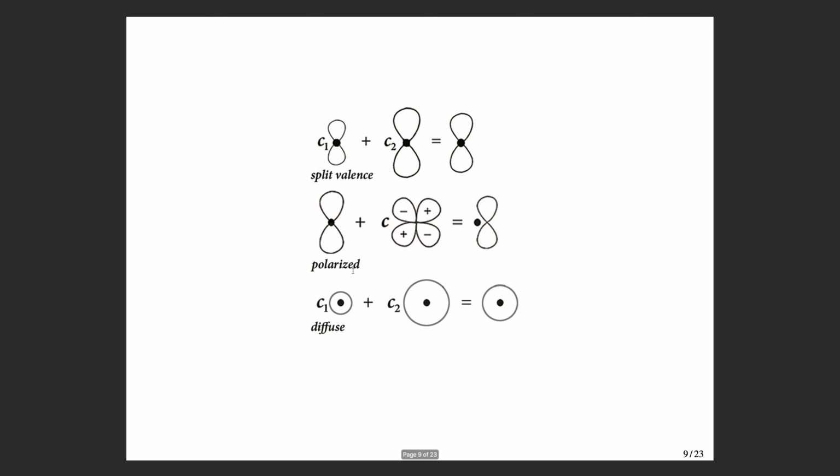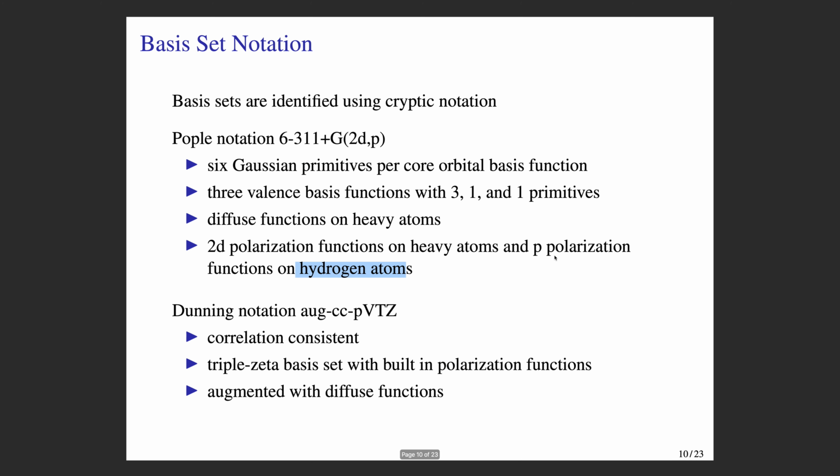This is where you include these high angular momentum basis functions so that it allows the electronic structure to bend and change shape. That makes the basis set more flexible, and that'll make the calculations you perform with that basis set more accurate.